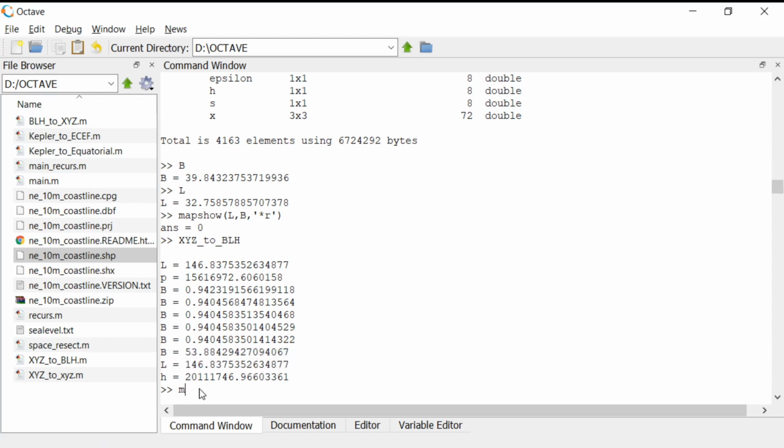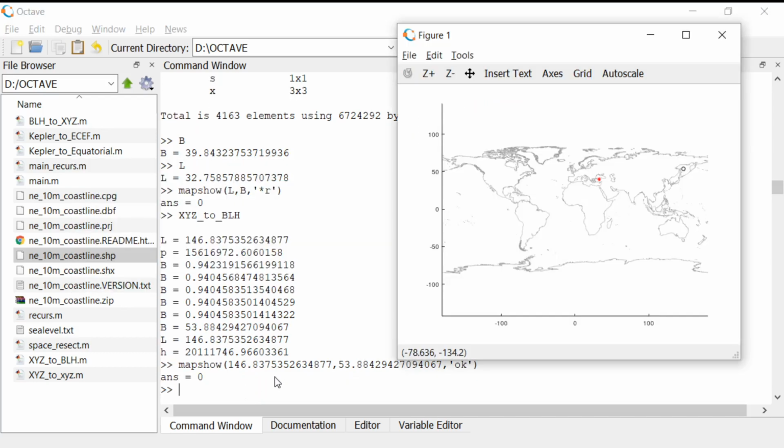Let's mapshow again. First L should be provided, and then B. Let's show this satellite with an O in black, for example, and you see now the satellite is over here.